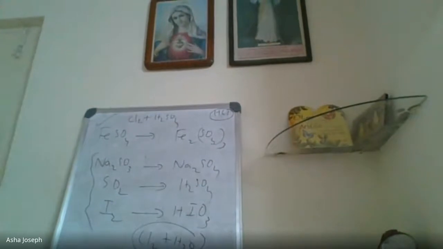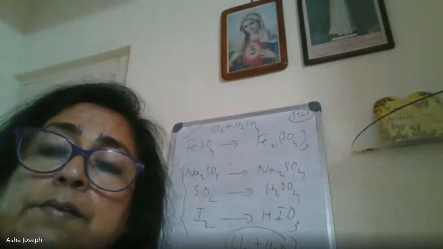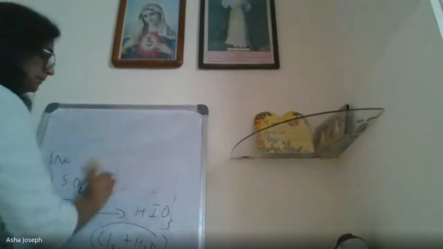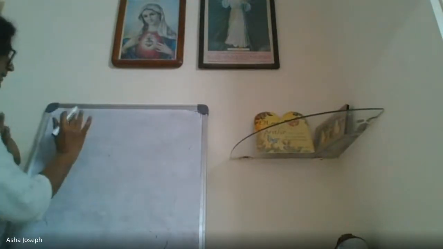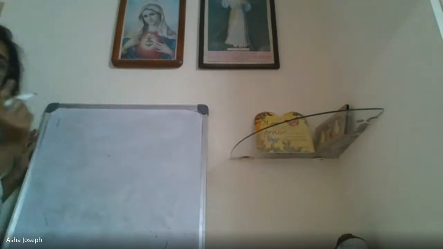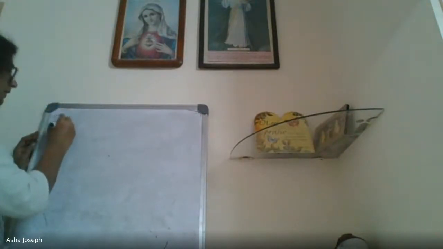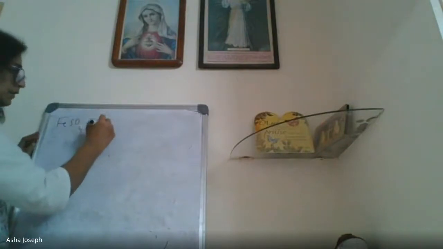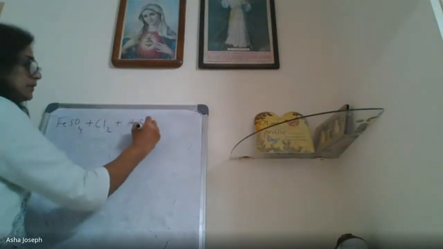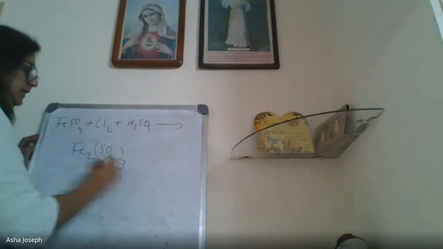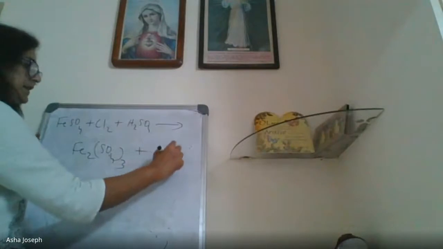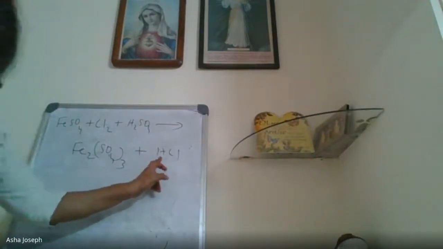That we will write equations, children. Yes, ma'am. Okay, so now we'll start. So first one is FeSO4, chlorine. I said here alone H2SO4, and Fe2(SO4)3 plus HCl. That's it. I told you HCl is the byproduct.